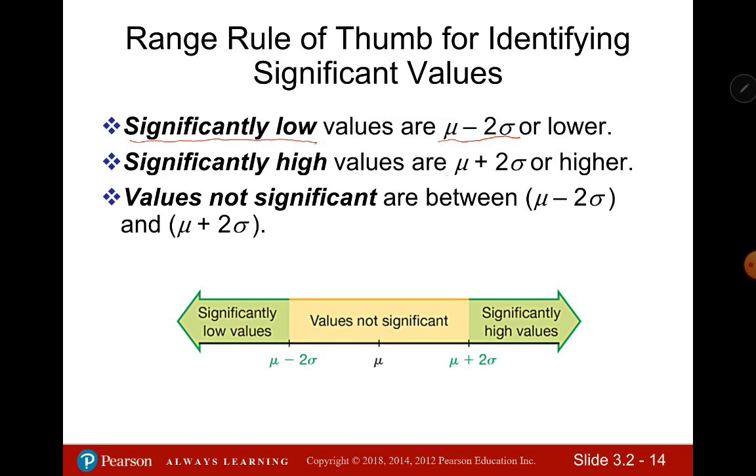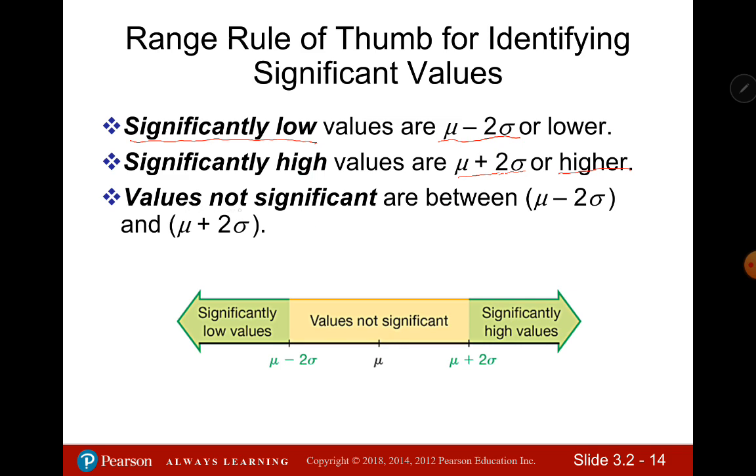Similarly, if the value is equal to 2 standard deviations above the mean, that's mu plus 2 sigma, or even higher than that, we call it significantly high.